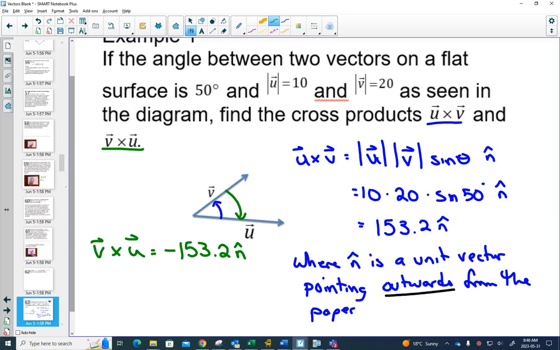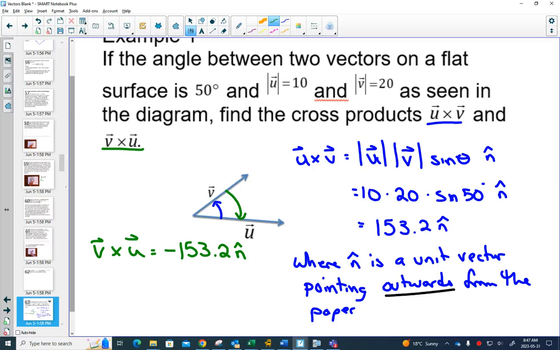Or the other thing you could do is you could choose another letter and make a unit vector w, and then write out that the unit vector w points inwards and write a statement. But mathematicians don't like writing stuff.